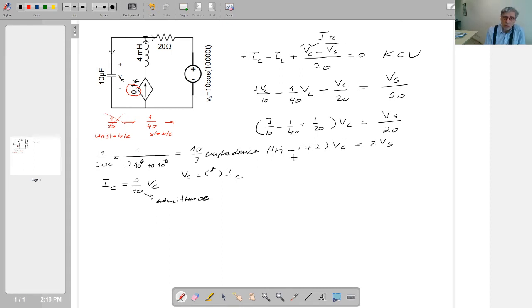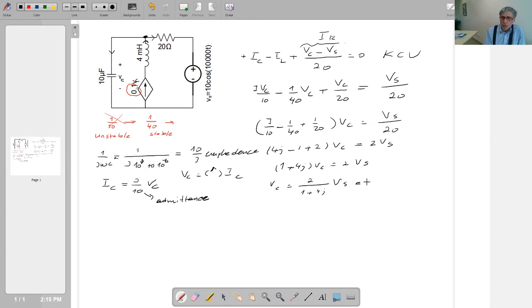So this is going to give us (1 plus 4j) VC is equal to VS. So VC is equal to VS over (1 plus 4j).